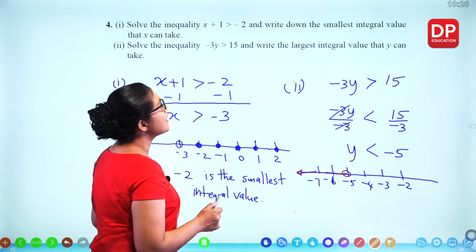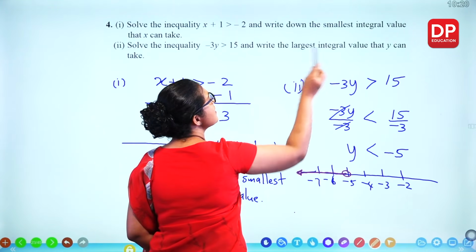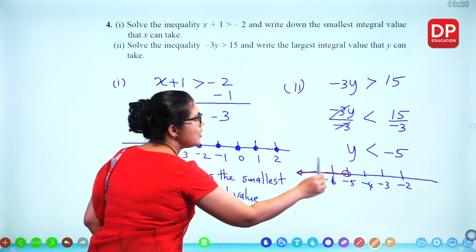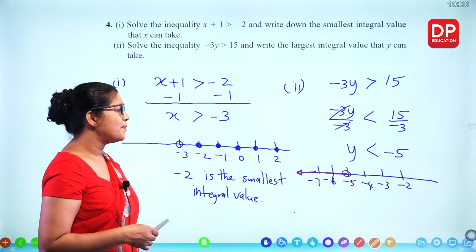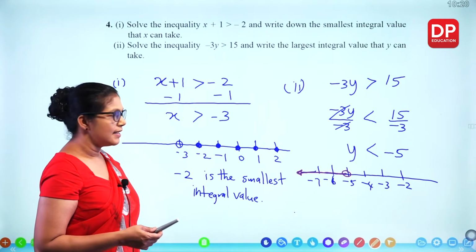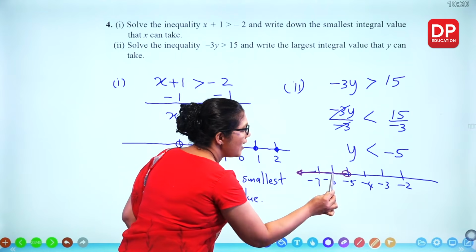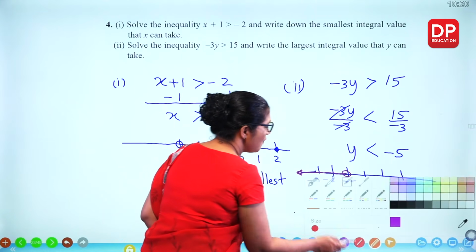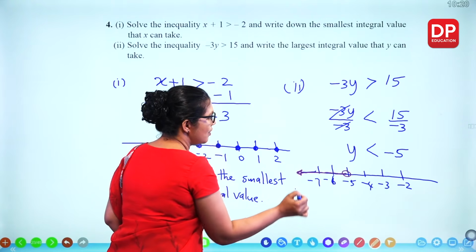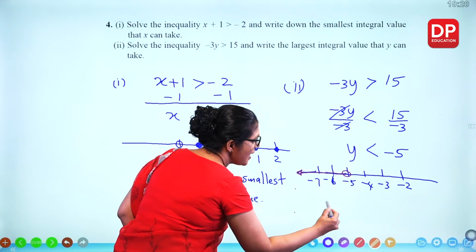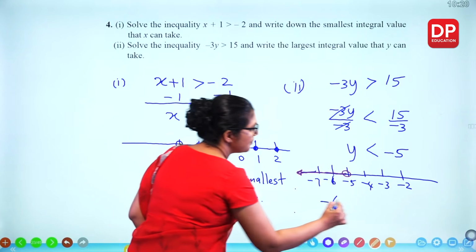So what's the largest integral value? Now when you go to the left hand side, the value becomes smaller and smaller. So what's the largest value for this one? We can say the largest value is minus 6.